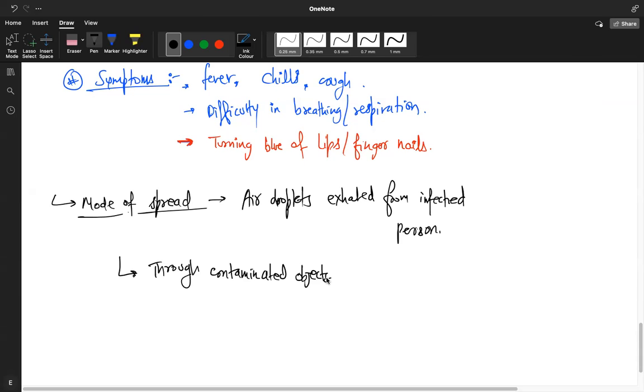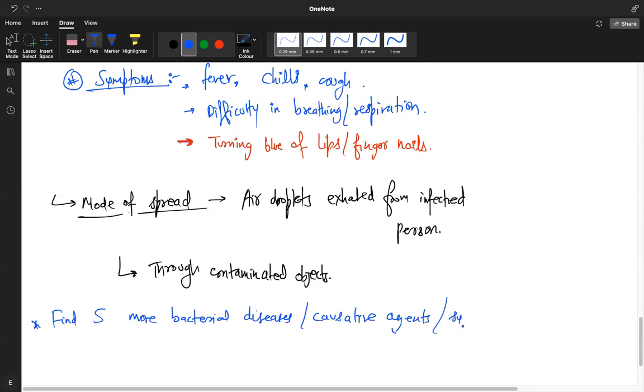Similarly, there are many other bacterial diseases. Can you give some example of other bacterial diseases? This you have to figure out. I'm giving it to you as homework, write down. Find 5 more bacterial diseases and their causative agents, and also symptoms.